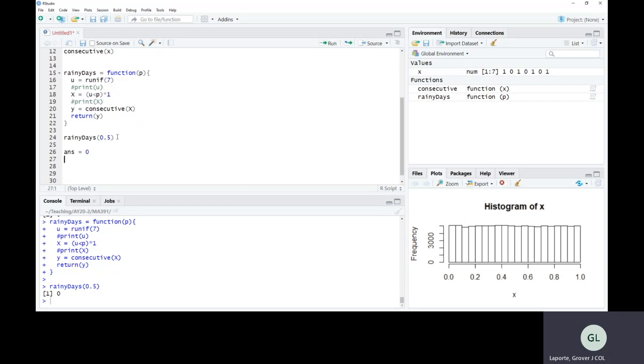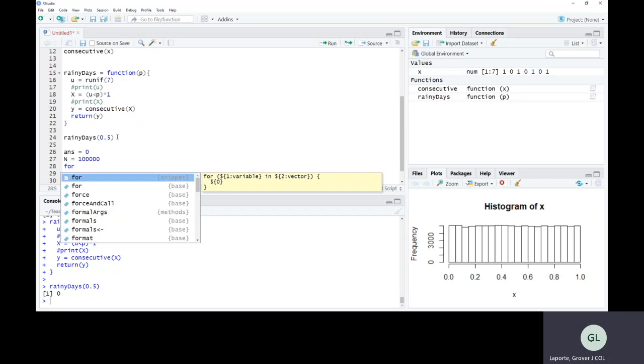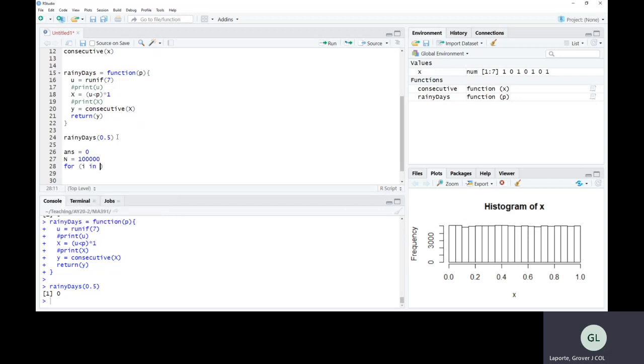So we're gonna let answer, it's just something that I like to do. I like to set it equal to answer. We'll see what happens. We'll set n equal to maybe 100,000, because I think we said earlier that we're gonna do 100,000 of these, and then just simply roll through for i in 1 through n.